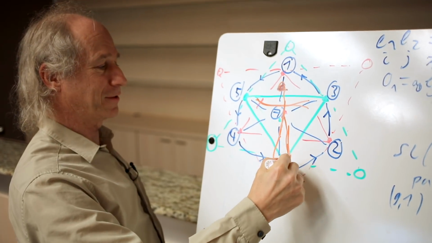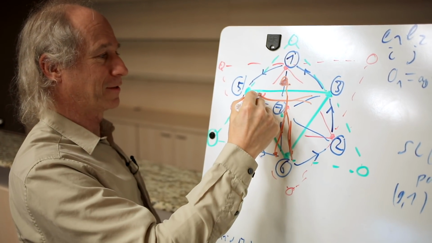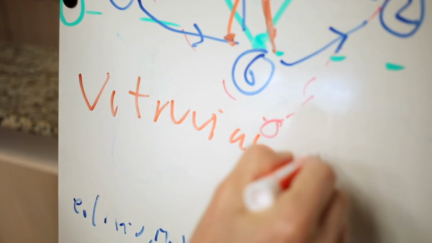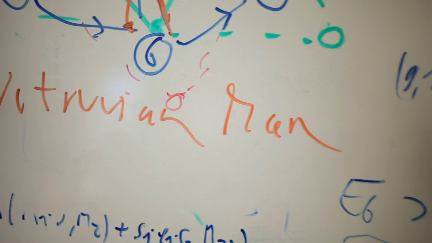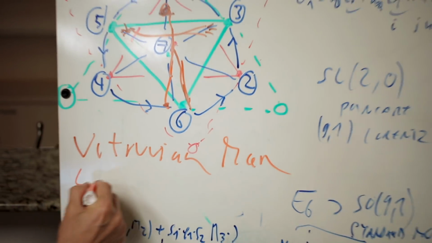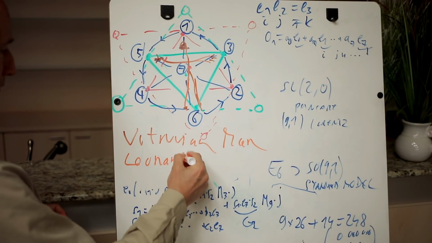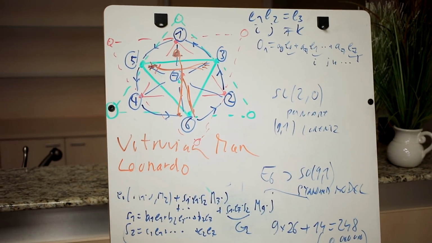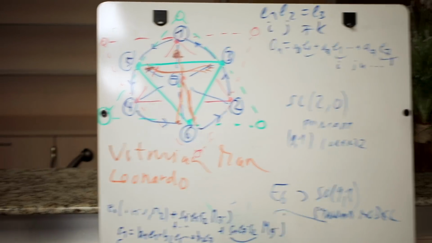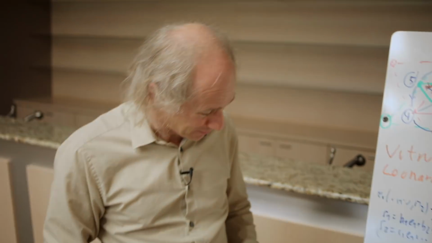You know this one? The Vitruvian Man from our friend Leonardo. So this is the Da Vinci Code, in fact. Yeah. We found the real Da Vinci Code.